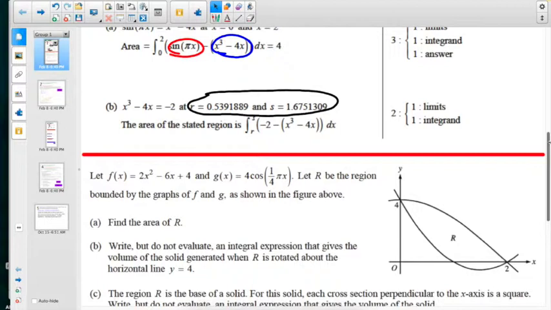Okay? So they had the upper curve -2, the lower curve is the cubic, and then they put the integral, the limits there. So the correct limits with their values, and then the integrand, the integration symbol, the appropriate brackets, and the dx. Okay? So that's kind of how that grading went.